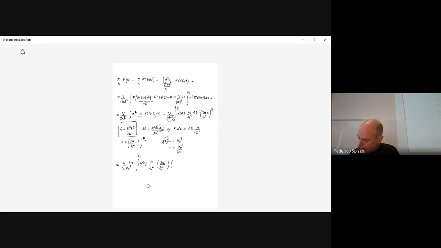I break the parentheses into two parentheses, one with just 2m divided by h bar squared, the other one with just E, and then I take the square root. Now, if you note, this kf to the power of 3 can be written as kf squared times kf.